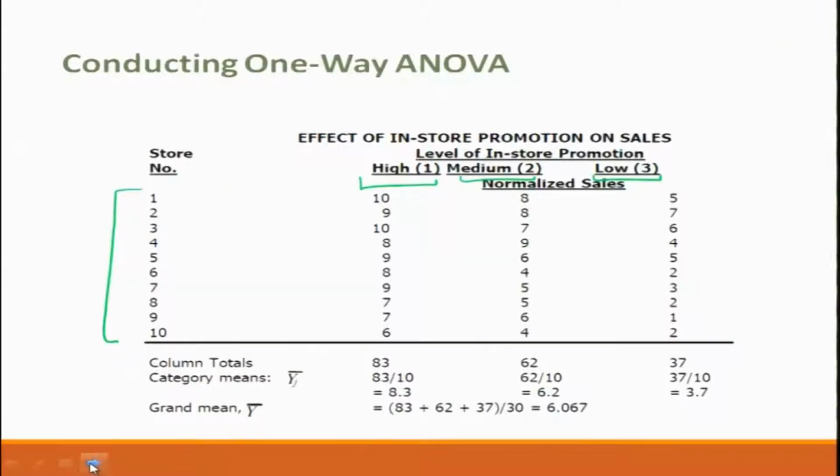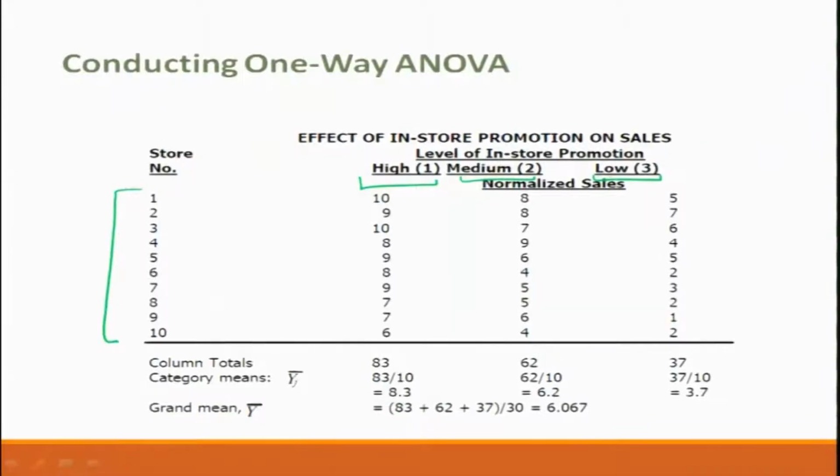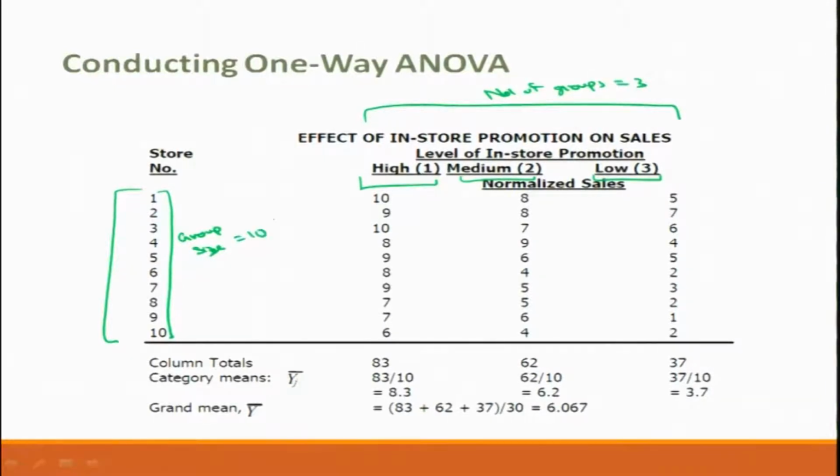So that means we have 3 categories here, high, medium and low, and the category size is 10. So this is my group size of 10 and the number of groups is equal to 3.